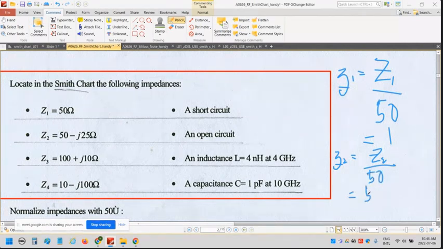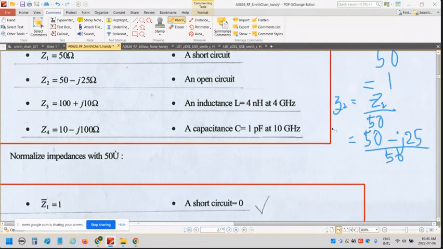Z2 is 50 minus j25. Divide by 50, so what value do you get? You get 1 minus 0.5j. The j you should write in front, not at the back.